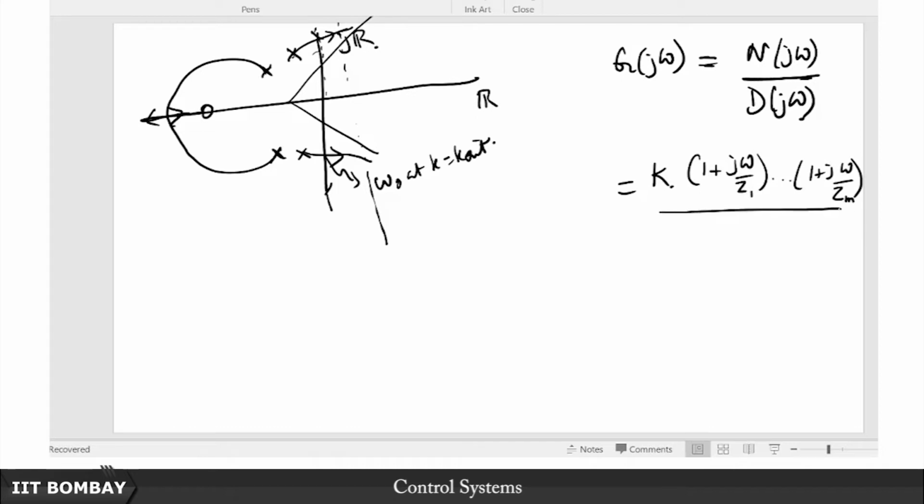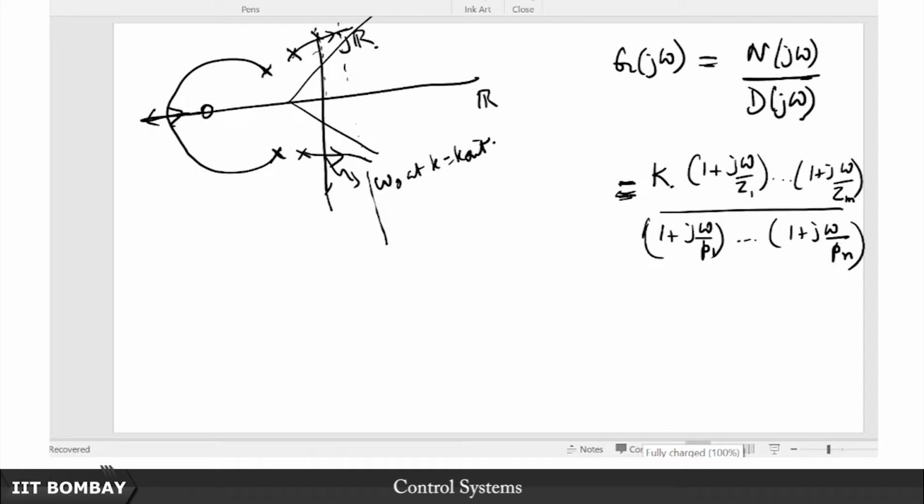There are m zeros, and the denominator is 1 plus j omega upon p1, dot dot dot, till 1 plus j omega upon pn if there are n poles. This is how we generally cast the transfer function before applying our ideas of Bode plot.